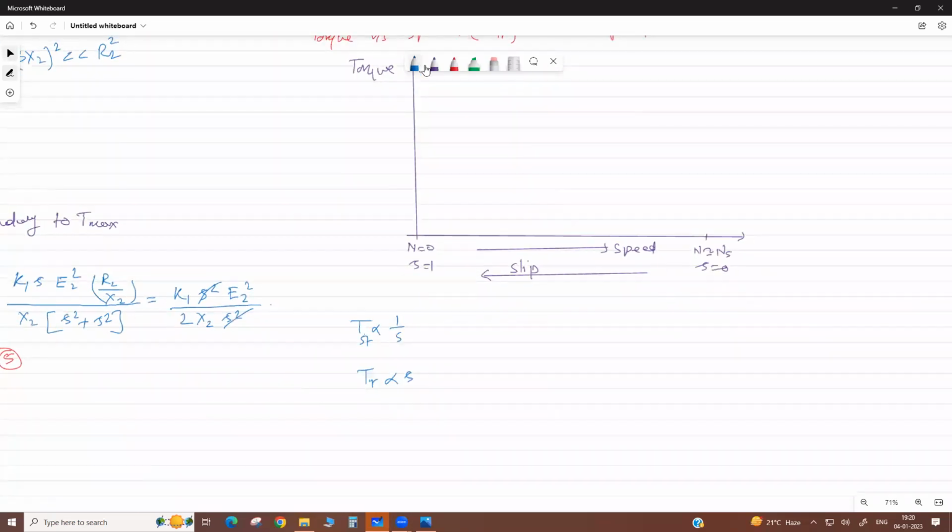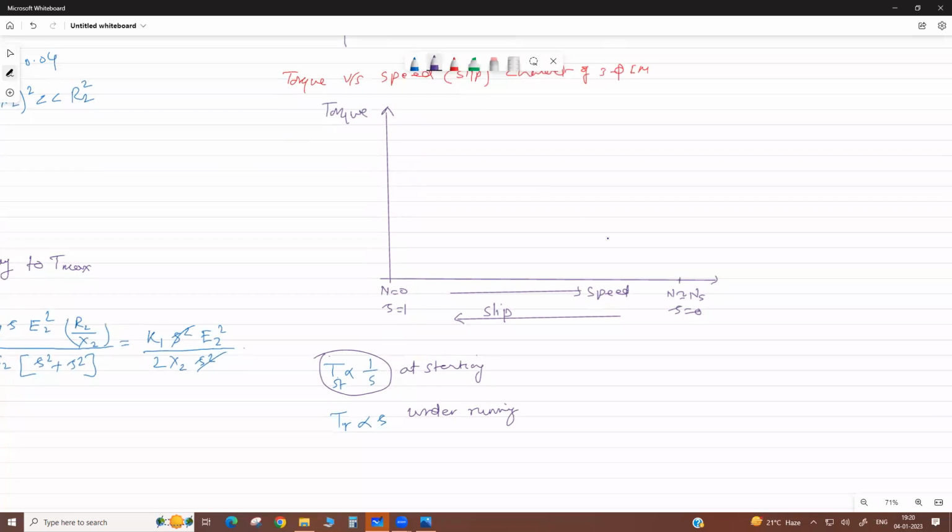At starting, the torque is inversely proportional to slip. Under running condition, when the motor is running with full load or with slip S, it is directly proportional.